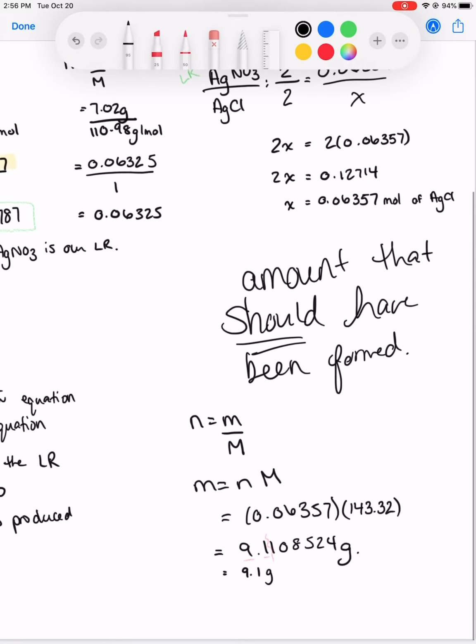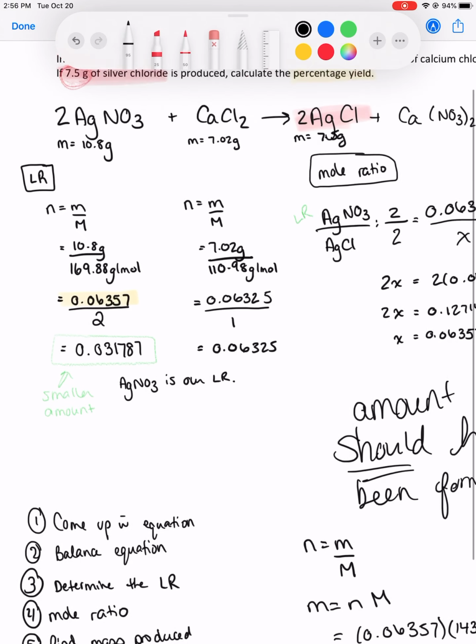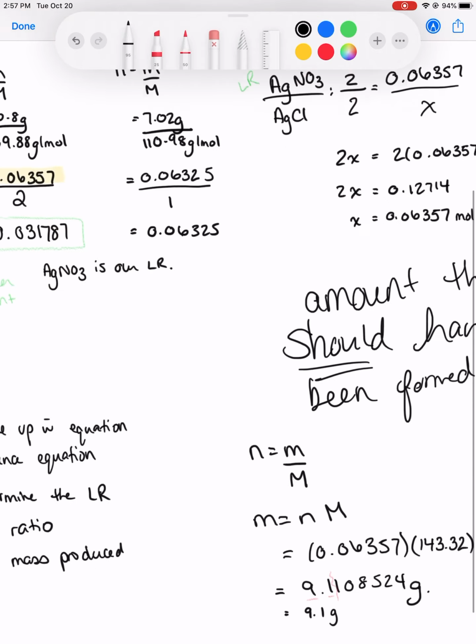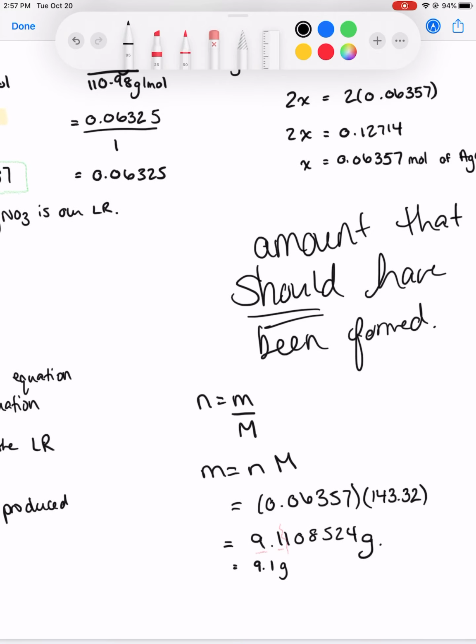So if this experiment went well, we should have got 9.1 grams, but we didn't. We got 7.5 grams. So this is where the stuff that you're learning comes into play. All the other stuff you've already done. So now for percent yield. Now what I'm going to do is slightly move all this stuff over.